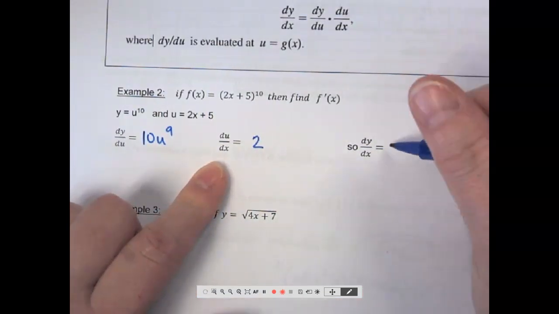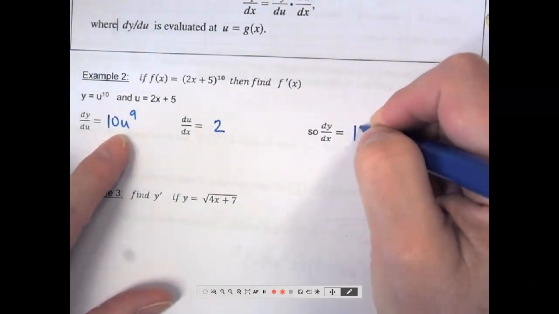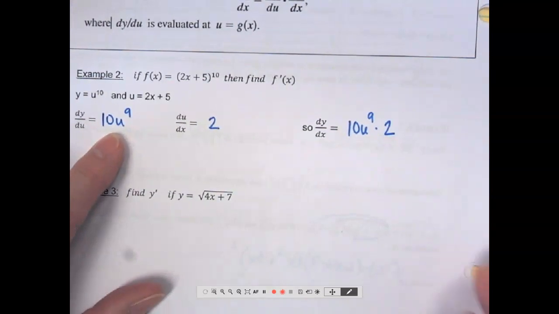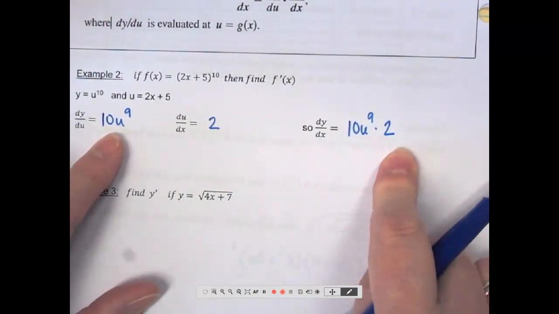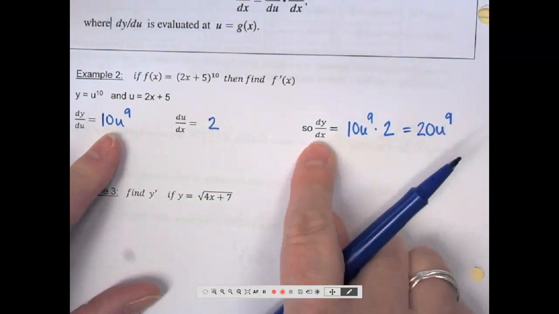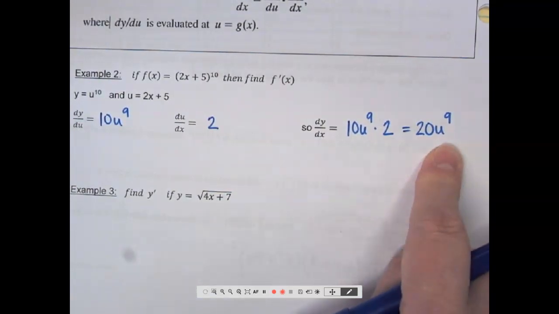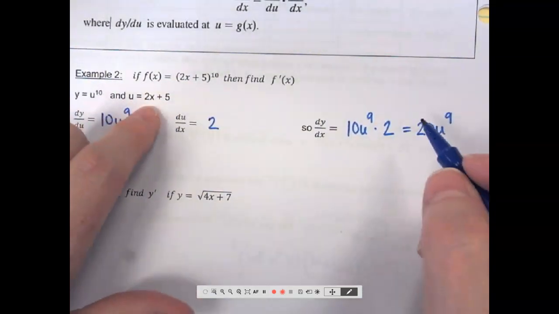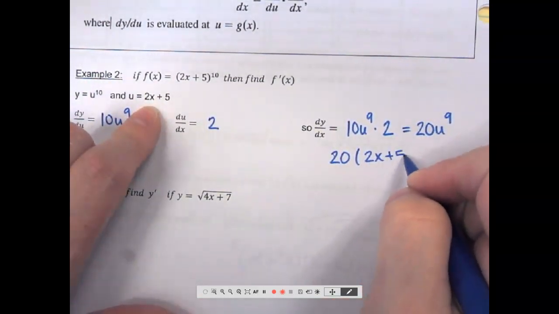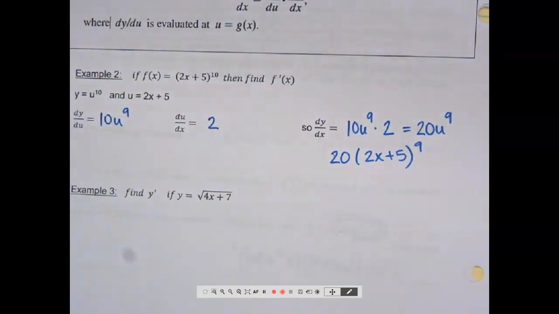Now, putting all that together, dy/dx would be 10 times 2, which is 20u to the 9. But notice I wanted the derivative with respect to x, and this doesn't have x in it. So the last step, I'm going to go back and replace the u with 2x plus 5. Okay, that's one way to do it.